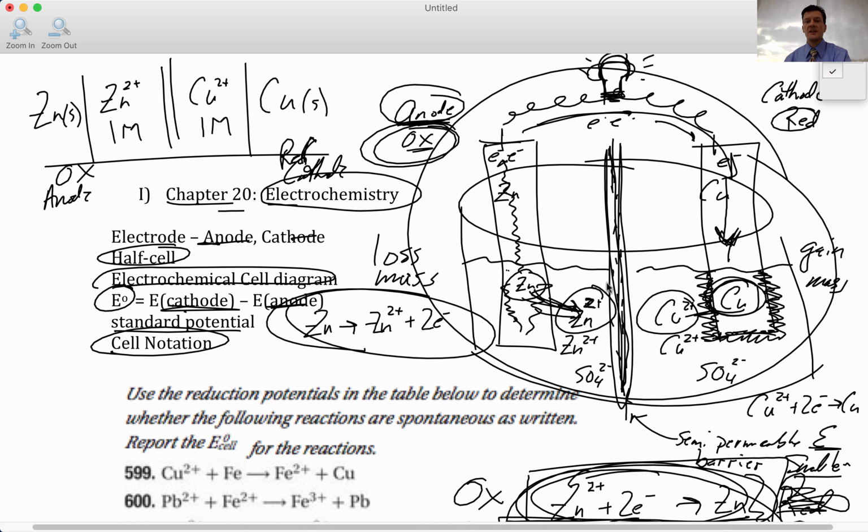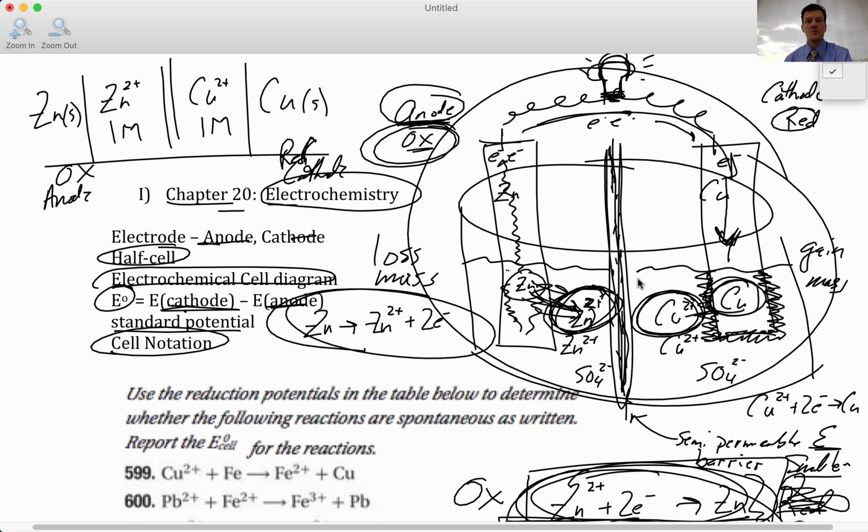One other thing I forgot to mention. In order to keep neutrality on both sides of this galvanic cell, since on the left side you're going to have a buildup of positive ions coming into the solution, you're going to have more and more of these zinc ions building up on the left, and you're going to have a loss of positive ions on the right. These copper ions are turned into neutral copper atoms. You need to maintain neutrality in the solutions.